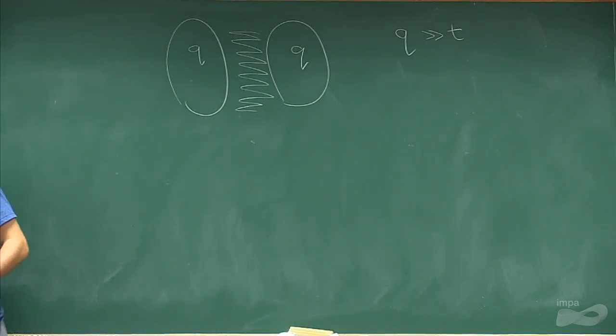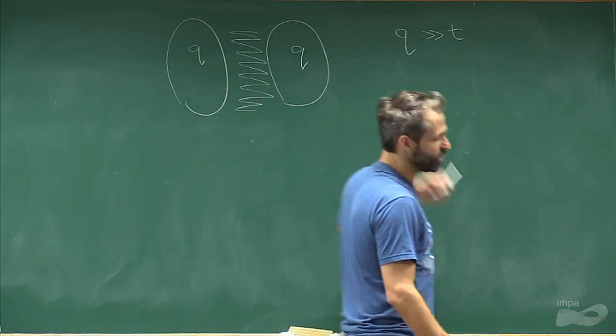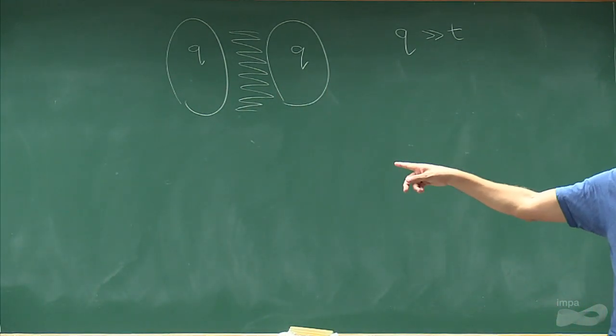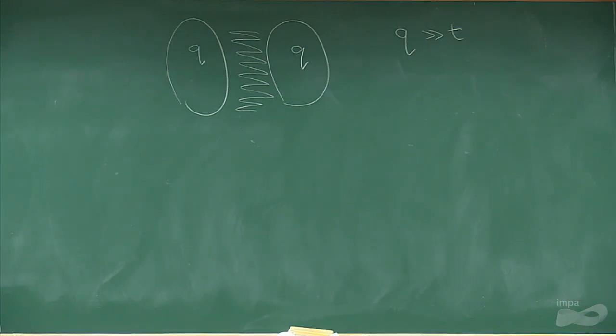The extremal number of K_{q,q} is much smaller than n squared, and we have about n squared over 4 edges.